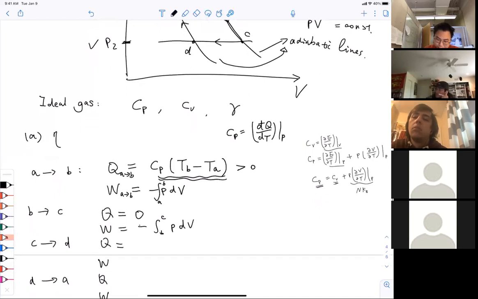The heat released by the system from C to D is given by CP, similar to the process of A to B, times (TD minus TC). So it's negative, meaning that the system is releasing energy to the environment.